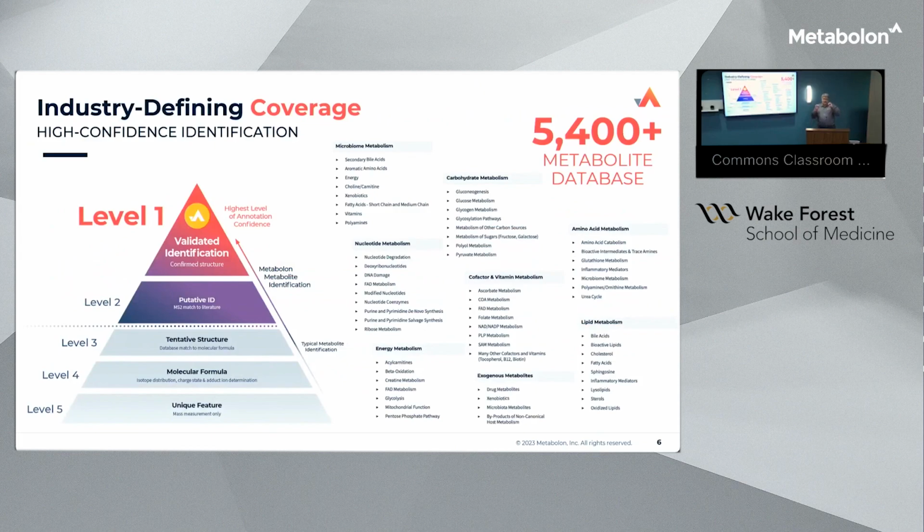So back to the confidence, and this is really a fundamental aspect at Metabolon. Firstly, validation is very important to us. So matrix validation, metabolite validation, and then at the end of the day, really being able to provide on an annotation basis, what you see in this pyramid represented is that we move towards the top level, the level 1, for most of our identifications.